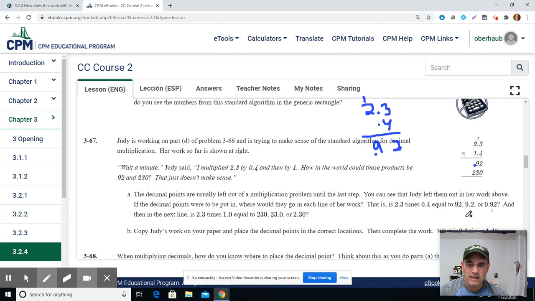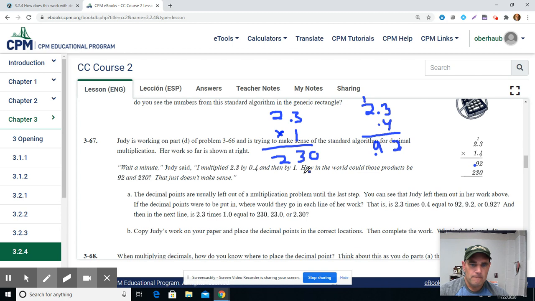It goes on then to say, and in the next line, she did 2.3 times 1. All right, so this is the 2.3 times 1, and that's the second line right here. But remember, we had to put in a 0 for a placeholder. So there's the 3, there's the 2, but remember we had to put in a 0 for the placeholder.